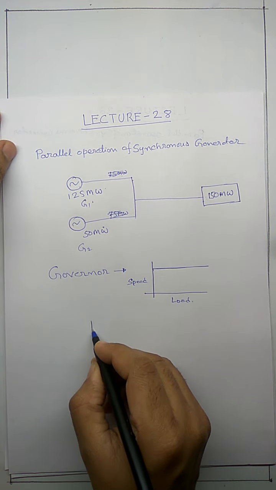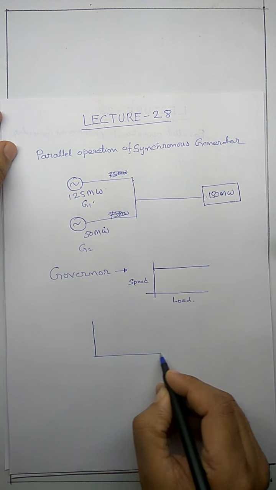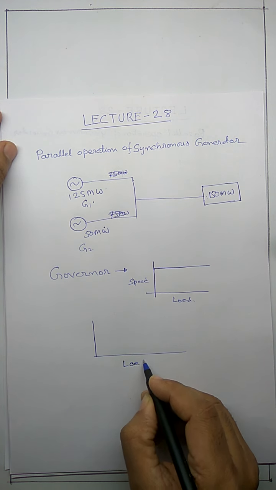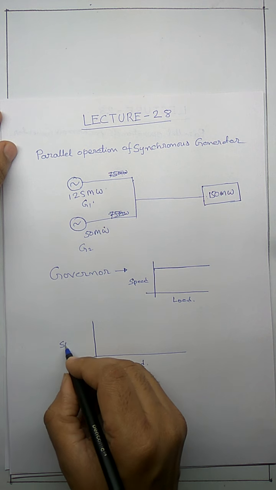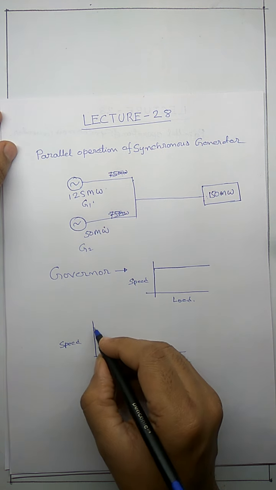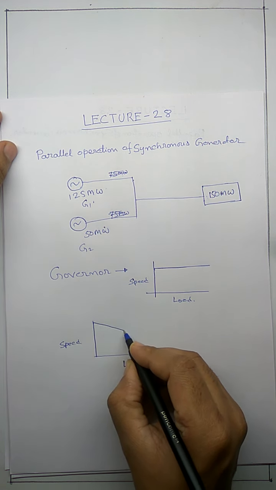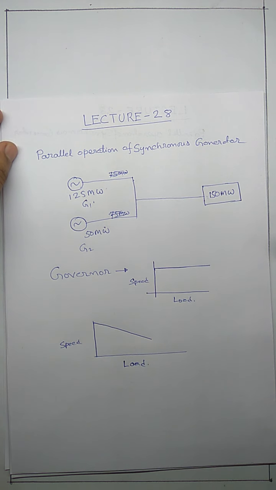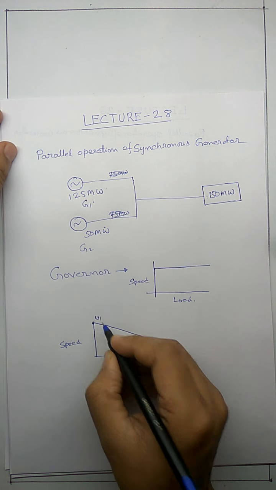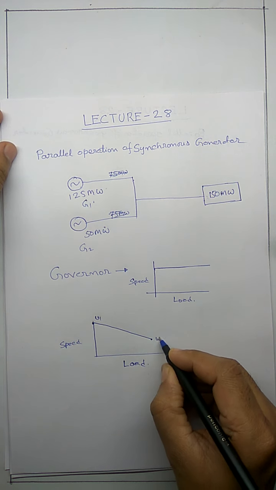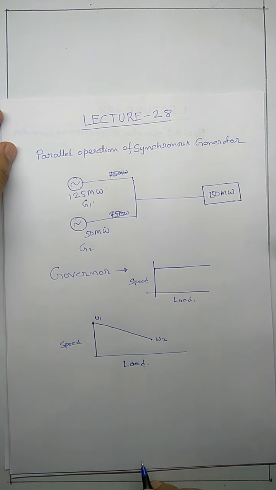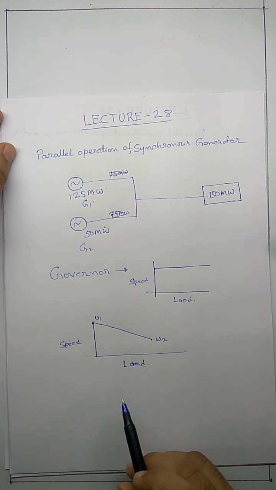There can be another design in which if you put load on the machine, the turbine speed will reduce a bit. That is, the speed will not remain constant, but it will reduce. Say at no load this is the speed, omega 1, and at full load it is omega 2. So the speed of the governor does not remain constant.